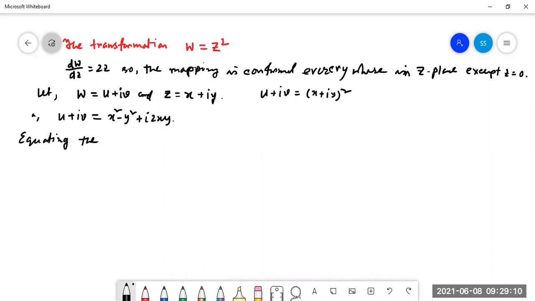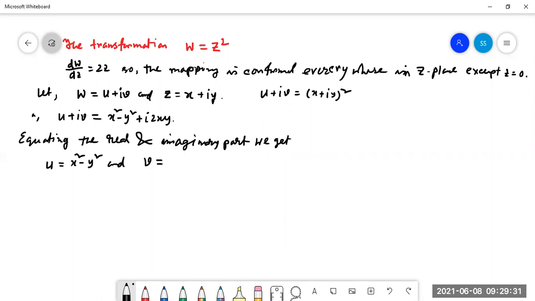Equating the real and imaginary parts, we get U equal to X square minus Y square and V equal to 2XY. Is it clear?